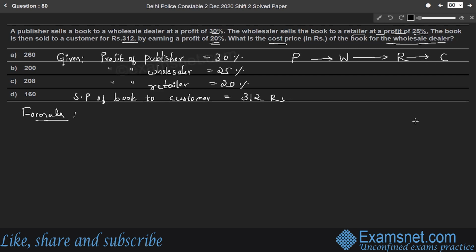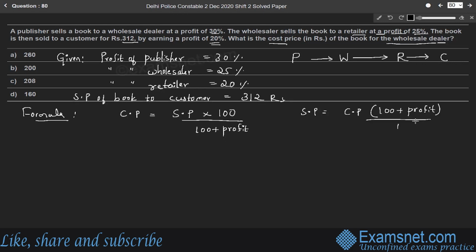of cost price. Cost price CP is equal to selling price into 100 divided by 100 plus profit. Or rearranging the terms, we'll get selling price as cost price into 100 plus profit divided by 100.